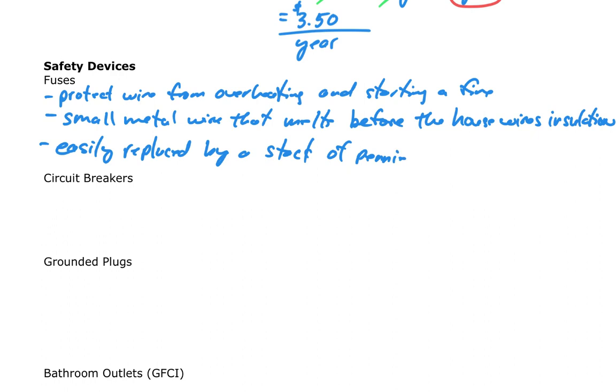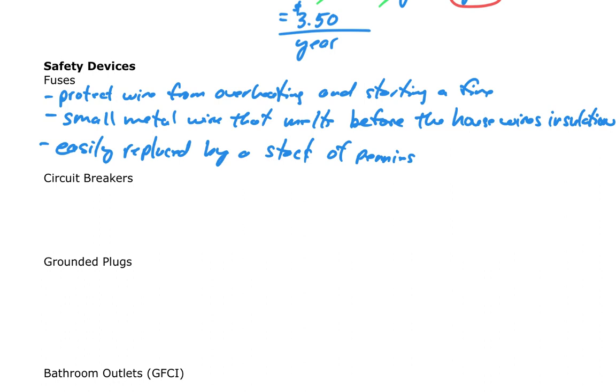So imagine this, it's the middle of the night, the fuse blows because somebody got up and used a hairdryer when they weren't supposed to and pulled a bunch of current with the microwave running. Now the fuse blows. Well, it's the middle of the night, you can't find the fuses, so what do you do? You grab a stack of pennies and you put them where the fuse should go. That solves the problem of current flowing through that circuit. Current will now flow through that stack of pennies very easily, and now you don't have to worry about the fuse blowing.